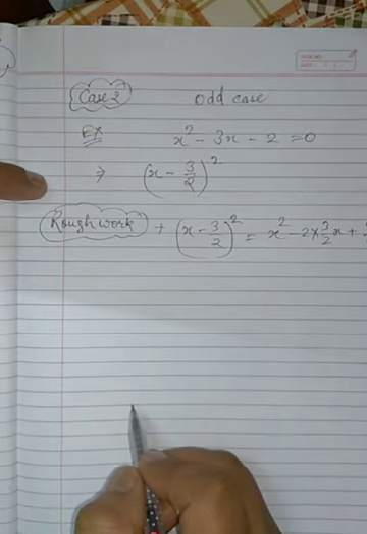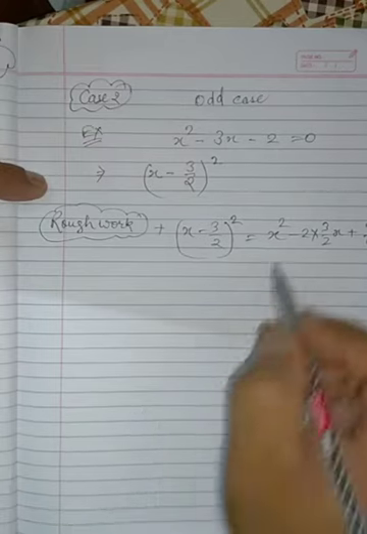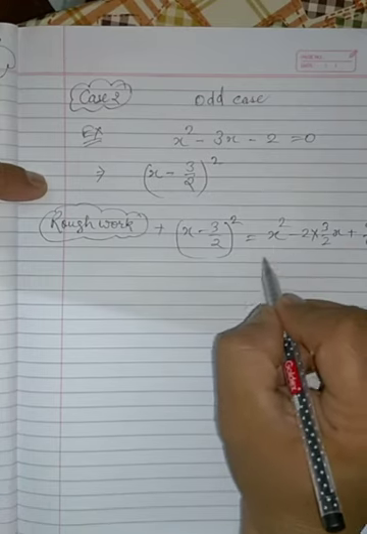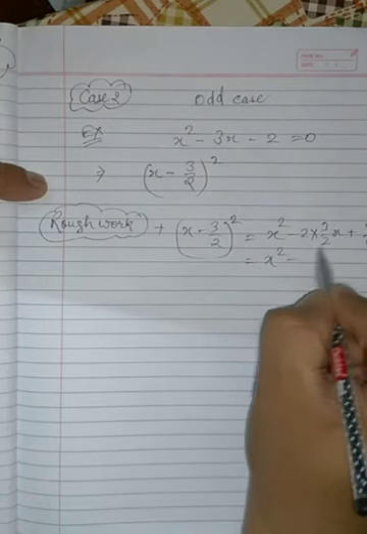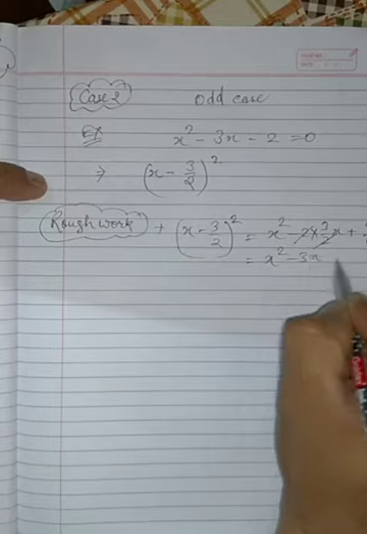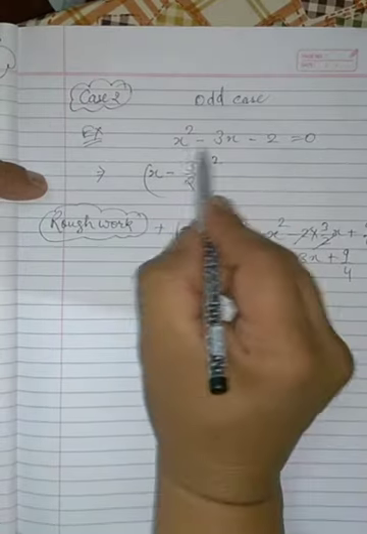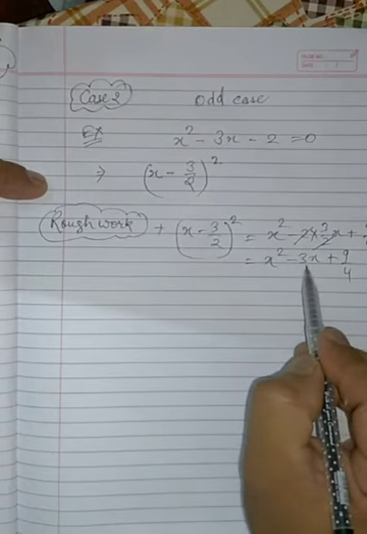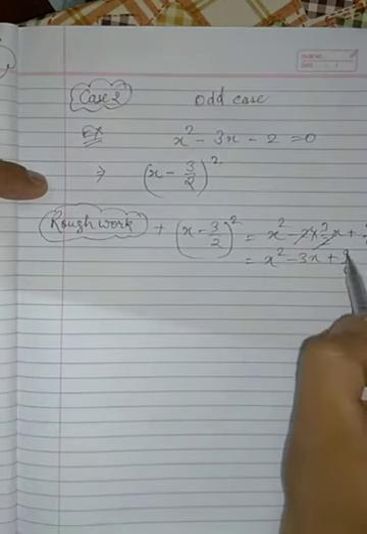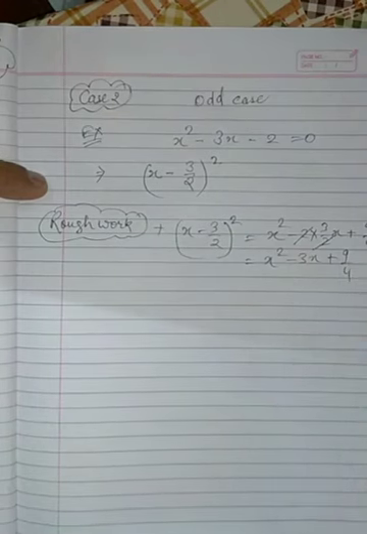So here we get x square minus 3x plus 9 by 4. So once again you can see the first two terms are matching, but the third term is 9 upon 4. This is the problem for us.